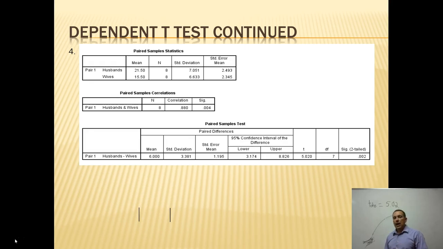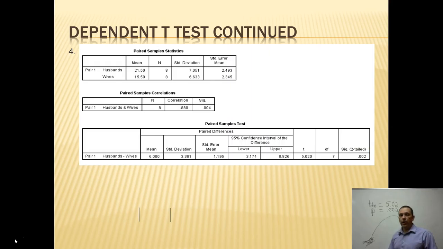And what is our p-observed value here? Our p-value equals, again, it's that final column over here that says significance two-tailed. That's SPSS vernacular for p-value. In this case, it equals 0.00, getting ahead of myself here, 0.002.